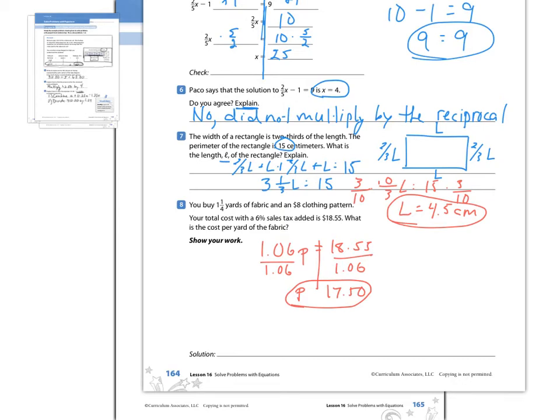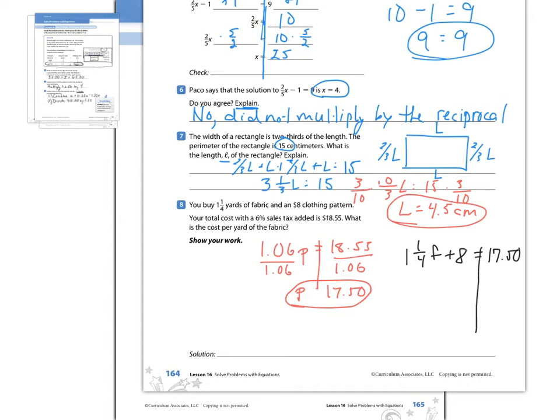So let me change colors once again. 1 1/4 yards of fabric, and what we're trying to do is find the price per yard, so I'll put an F there for fabric, plus the $8 clothing pattern is equal to $17.50. So we got the fabric plus the clothing pattern equal to our cost of $17.50.